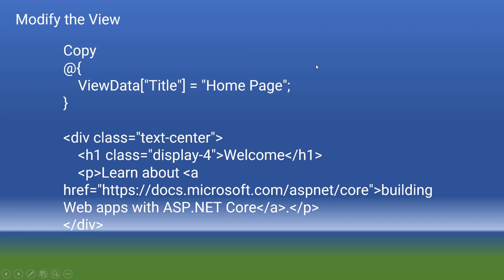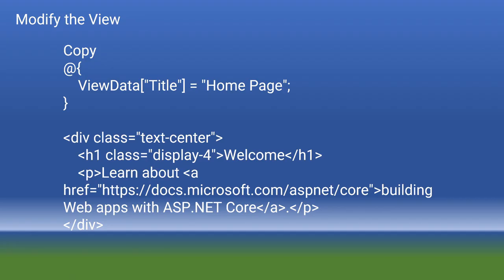Now that we have a basic controller and view working, let us experiment with modifying the view. Open the Index.cshtml file and try adding some more HTML elements, CSS styling, or even some C# code using Razor syntax. For example, you can add a heading, a paragraph, or an image.